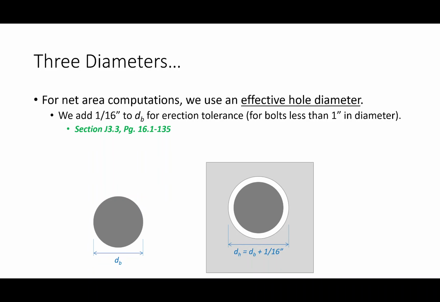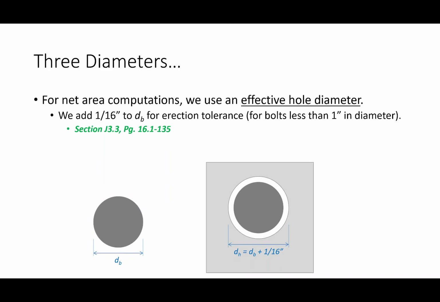Specifically, what we do is we drill the hole a tad larger. For standard size bolts that are up to an inch in diameter, we drill the hole a 1/16 of an inch larger. We'll get more into bolt details a little bit later, but for now, we'll just use this. So if I have a 3/4 inch bolt, I do not drill a 3/4 inch hole.